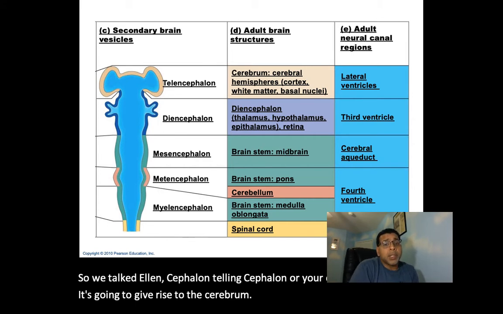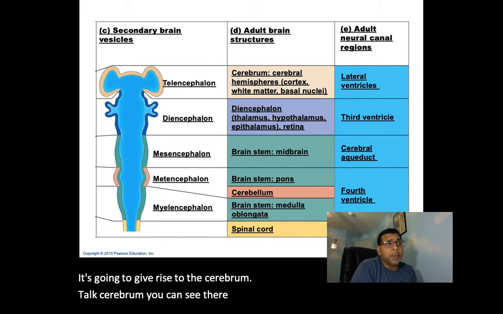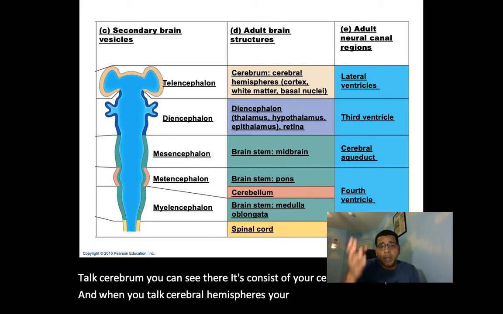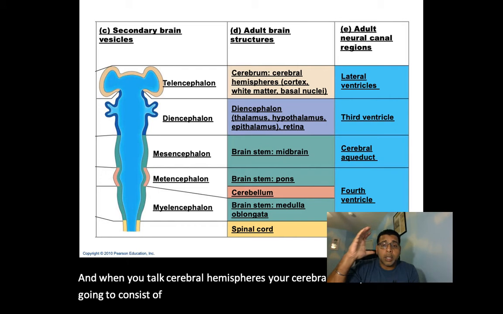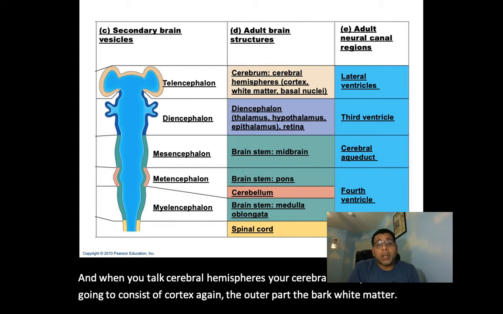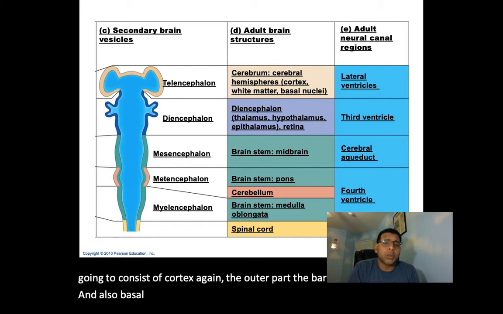The cerebrum consists of your cerebral hemispheres, and your cerebral hemispheres consist of cortex, the outer part, the bark, white matter, and also basal nuclei. We'll go through and look at the cortices, white matter, and basal nuclei today in greater detail.